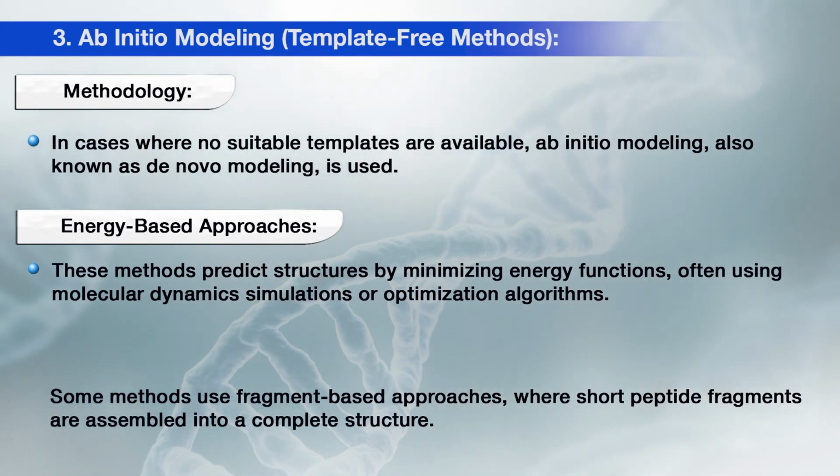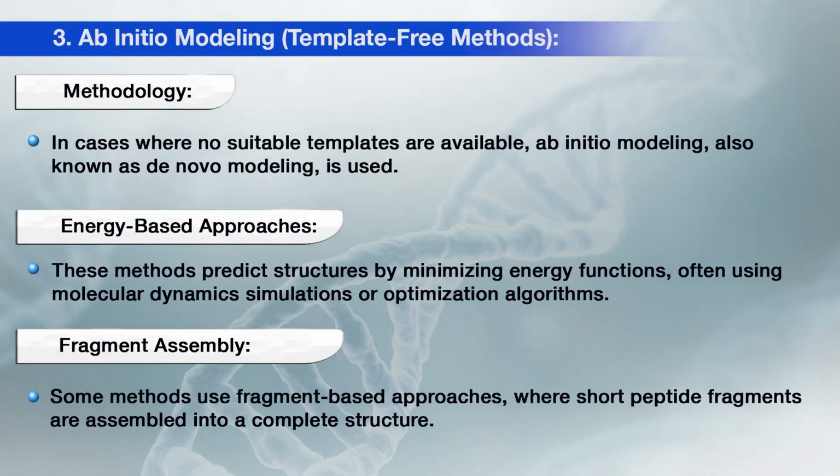The methods predict structures by minimizing energy functions, often using molecular dynamics simulation or optimization algorithms. For example, CHARMM. In that, fragment assembly is one step. Some methods use fragment based approaches where short peptide fragments are assembled into a complete structure.